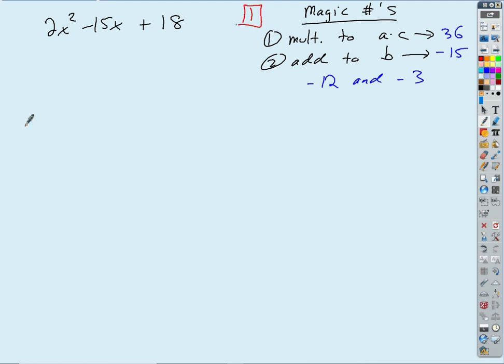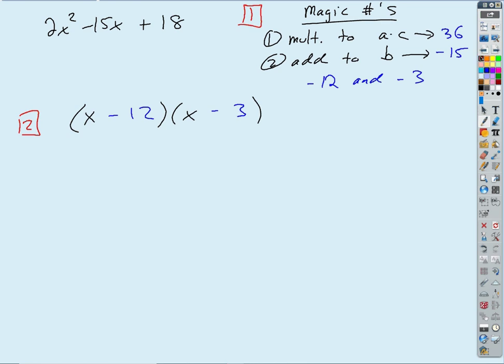Step 2. We're going to set up our template for our factors. So that's always going to look like this: I've got 2 quantities for both of my factors. This is going to be an x, that's going to be an x, and then I'm going to combine the x's with these magic numbers, right? So I'm going to get x minus 12 and x minus 3. Okay.